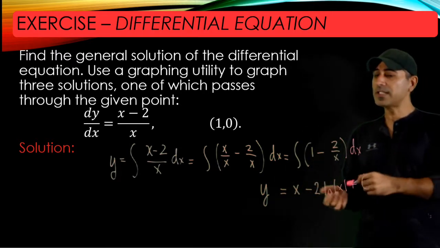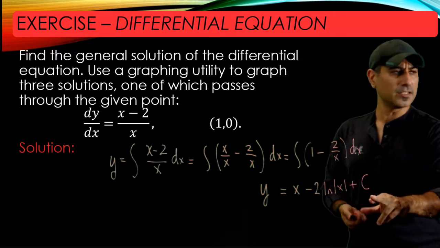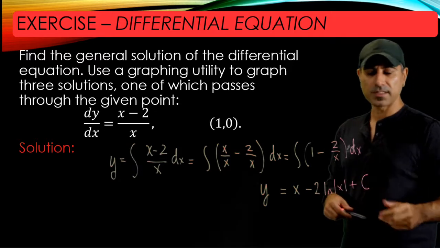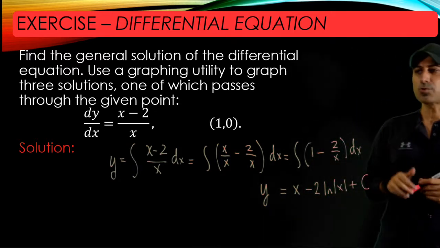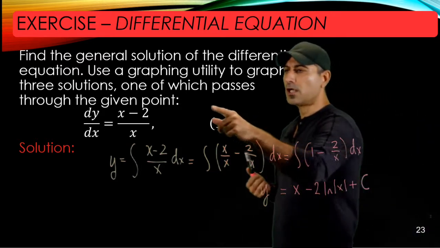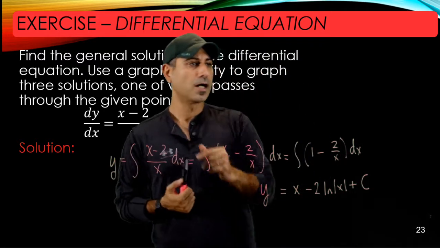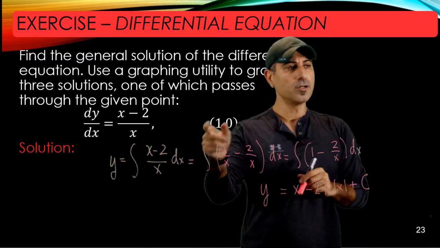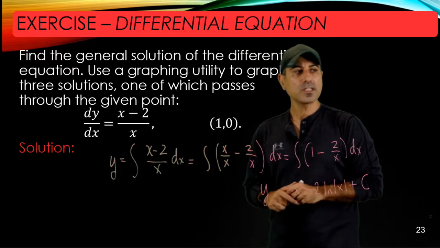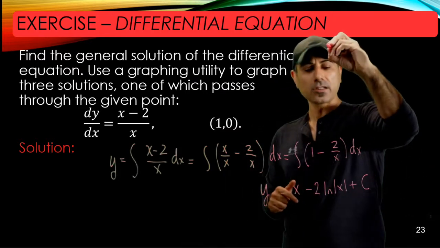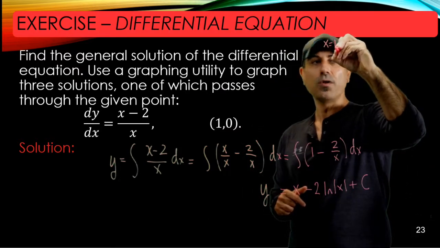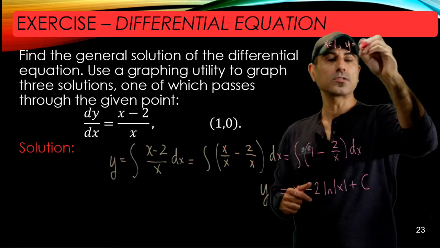We can go ahead and choose certain c's to graph this function, but let me just finish this question and then find that particular curve that passes through (1, 0). So I'm looking for a solution where x equals 1 and y equals 0.